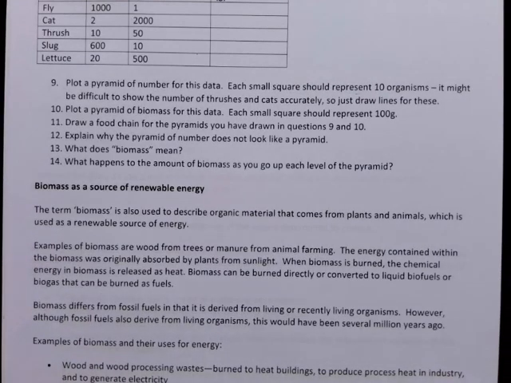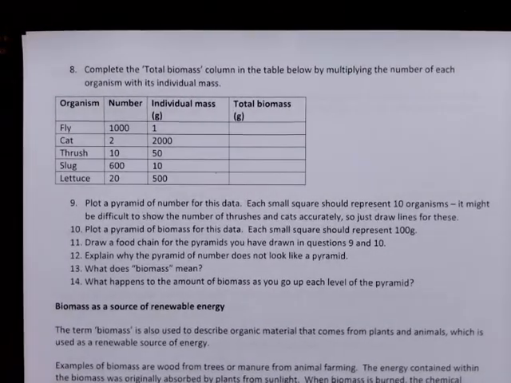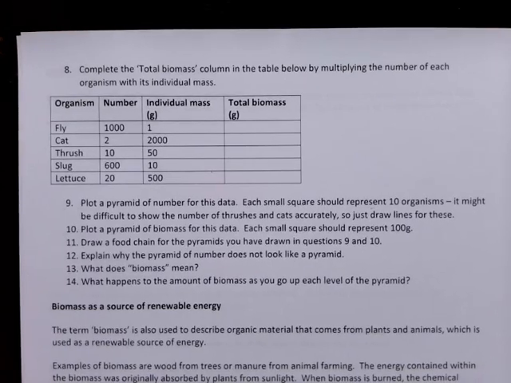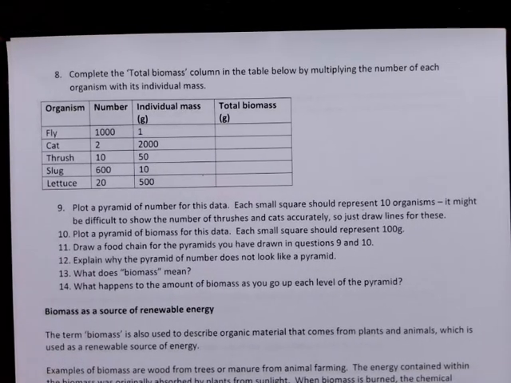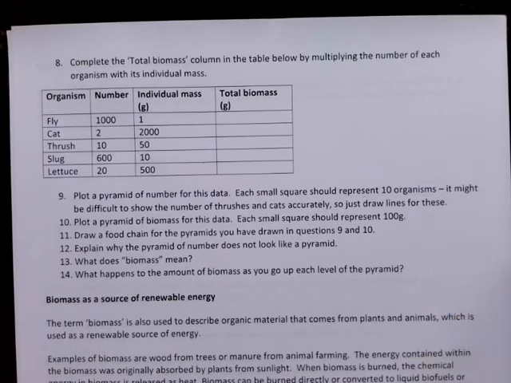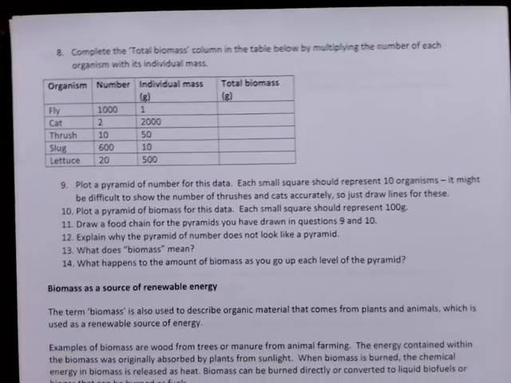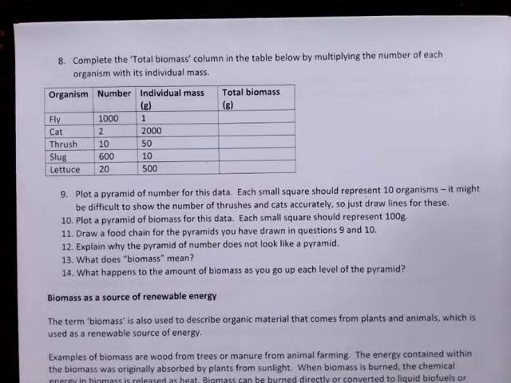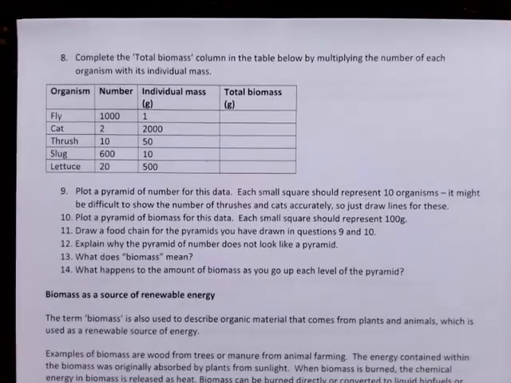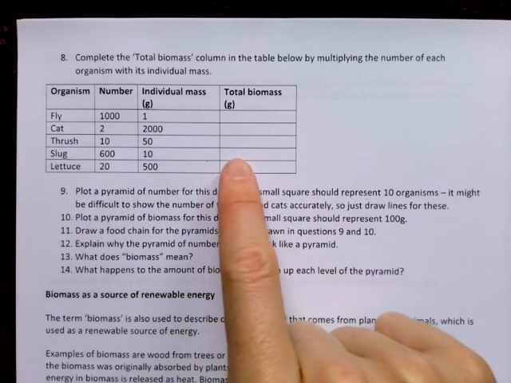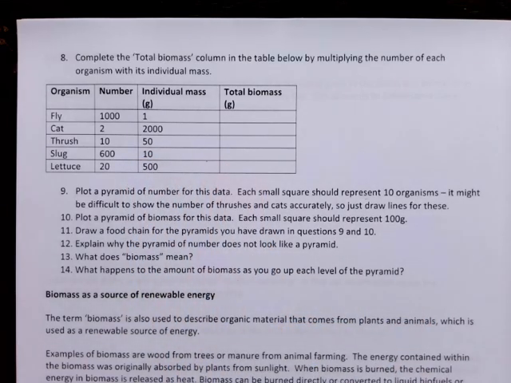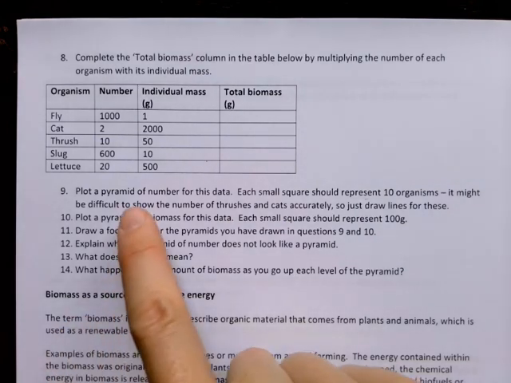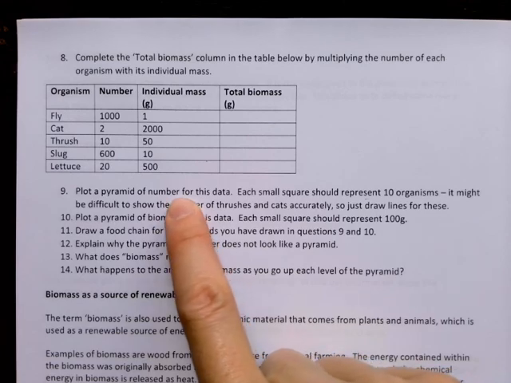Okay, so what we need to do now, this is what I would like you to do for your homework. All right? Just as I've just done for the previous example, and if you didn't get it all, you can pause the video and you can go back and watch it again to remind yourself. Okay, but I would like you to complete this table as the last table was completed for the total biomass, and then I would like you to plot a pyramid of number.